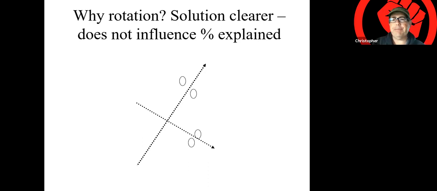That all remains stable. It's just shifted in such a way that we have more attributed to an individual factor. We can see here how we've maximized the distance between the variable and the factor that it doesn't go with, and minimized the distance between the variable and the factor it does go with.